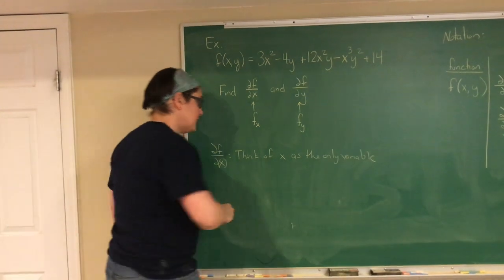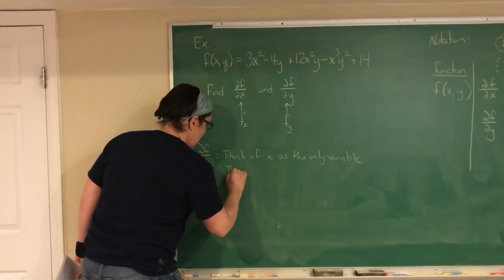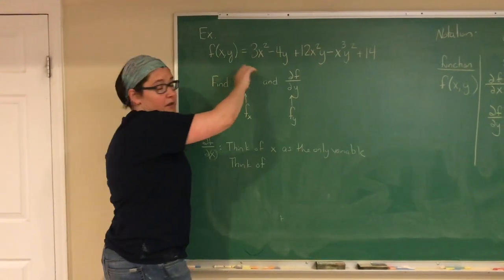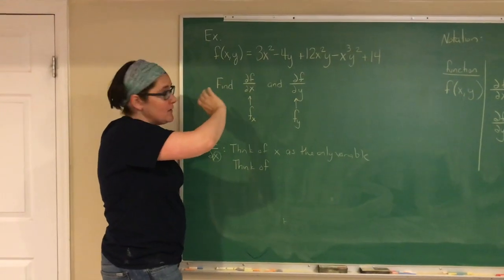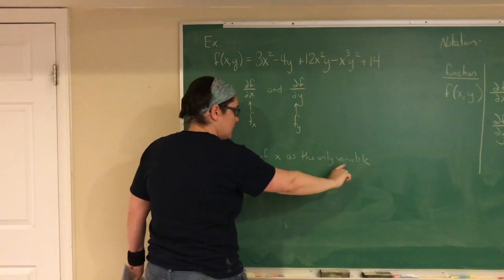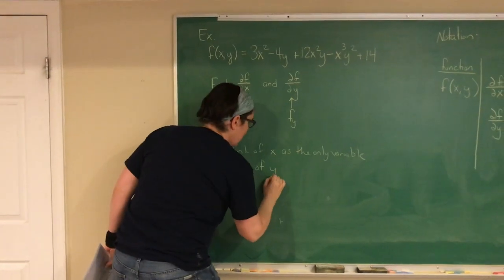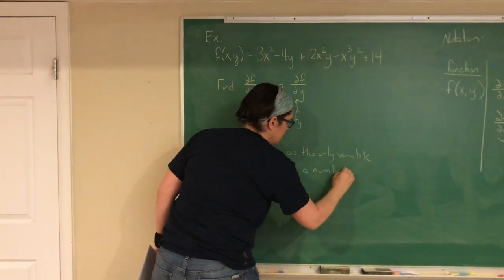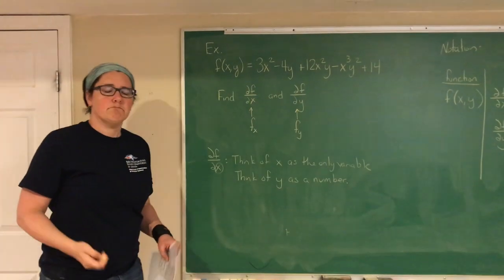So the other variable that's in there is the y. We have x's and we have y's. X will be our only variable, and we want to think of y as a number.